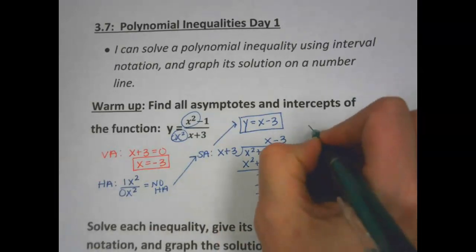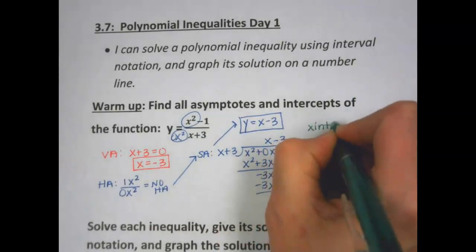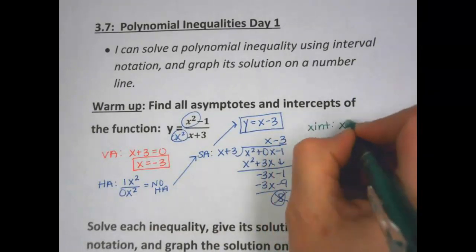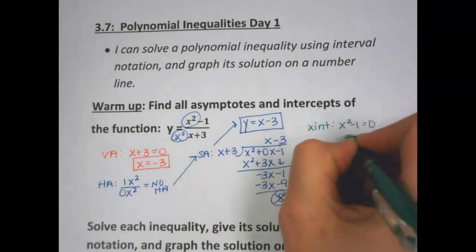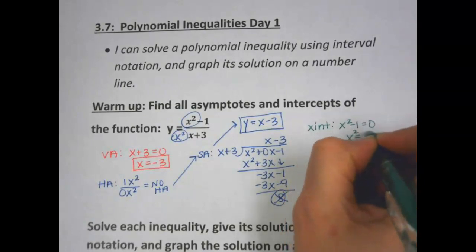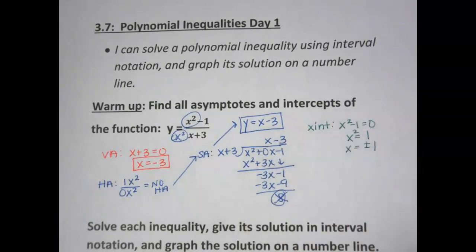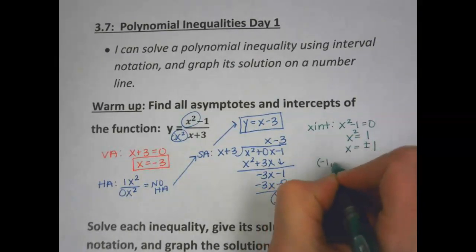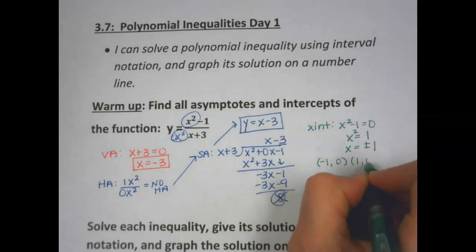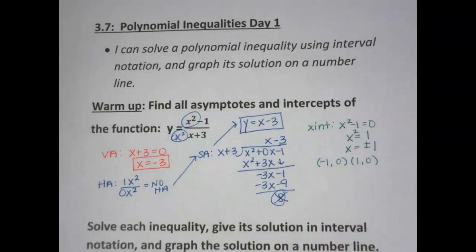Lastly, we need our intercepts. So our x-intercept we find by setting our numerator equal to 0 and solving. When you take the square root of 1, you get plus or minus 1, which tells us we have two x-intercepts. And we want to write those as points. So negative 1, 0, and 1, 0.